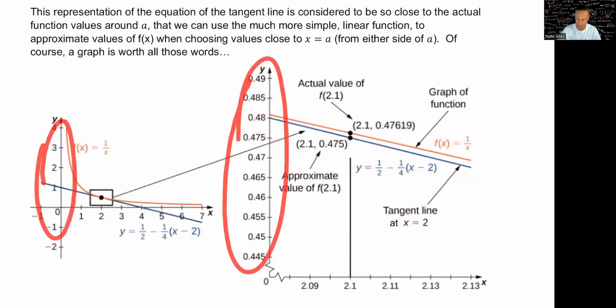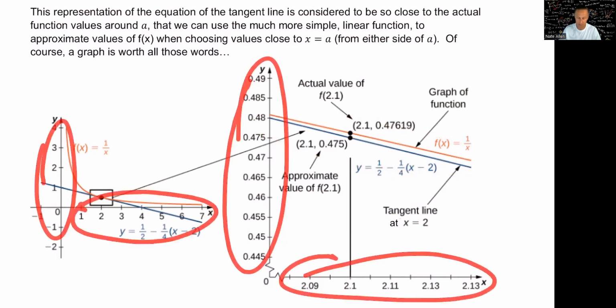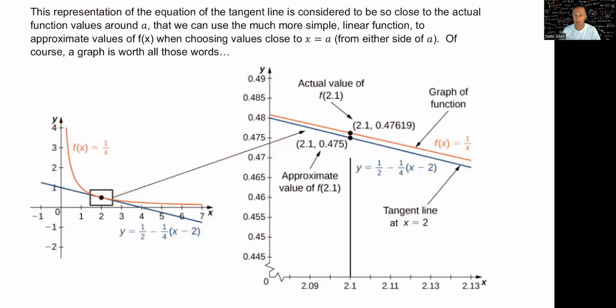Look at our y values now. Look at our x values now. So we're zoomed in quite a bit. And so if we wanted, we could actually use the equation of a line to find y values for certain x's, as opposed to having to use this. And again, it's not that bad, just using a simple example at the beginning here. But that nasty function that is 1 over x.